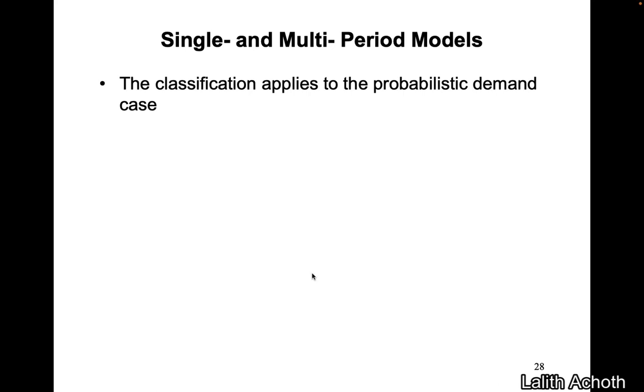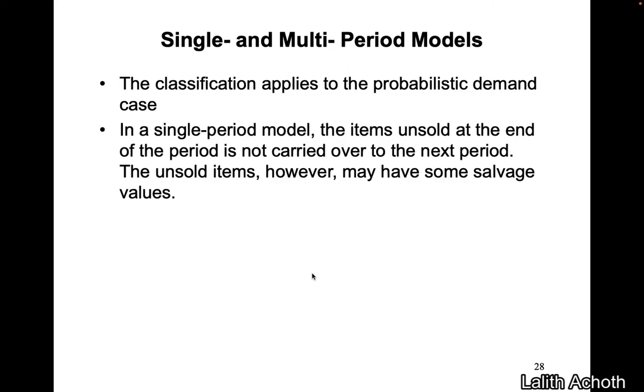Now you have what is called single period and multi-period models. This classification applies to probabilistic demand cases. In a single period model, the item unsold at the end of the period is not carried over to the next period. Remember this.